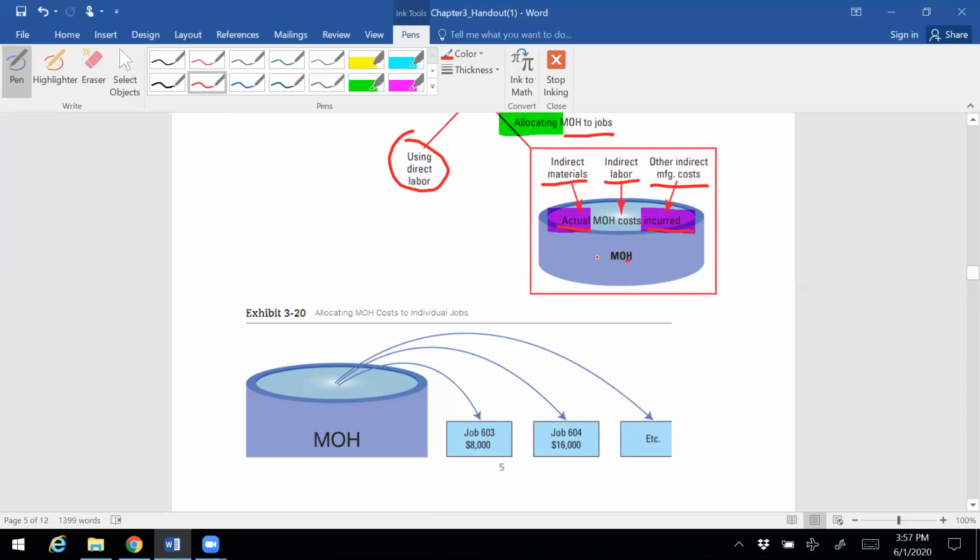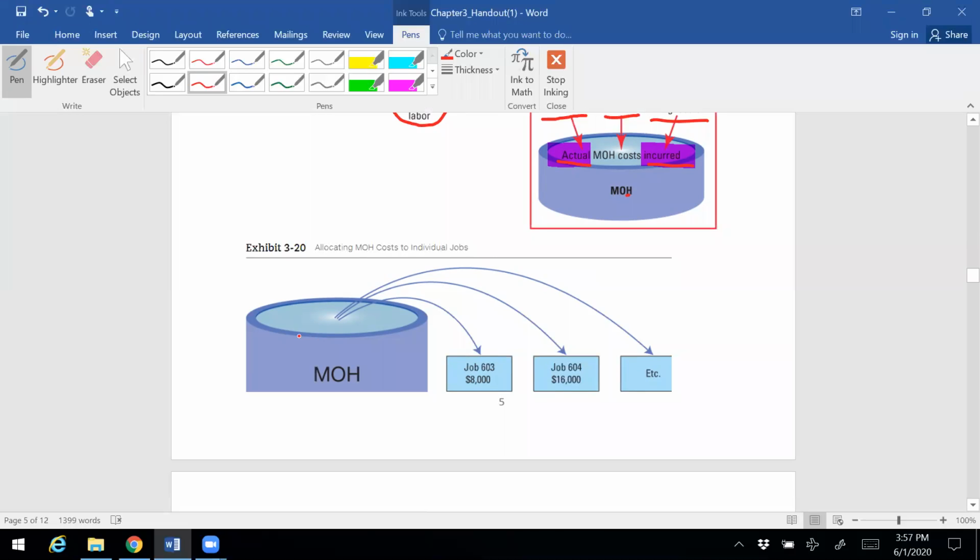And then you allocate: you get the water out from this actual manufacturing overhead pool and move the water to each specific job.